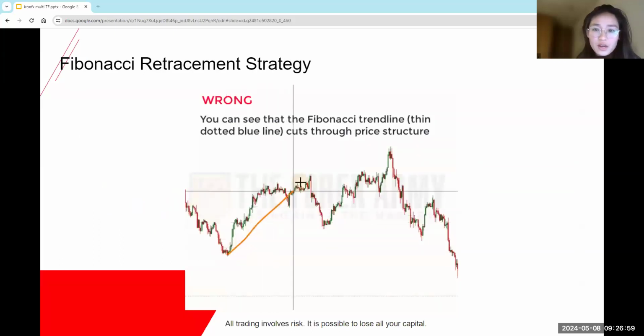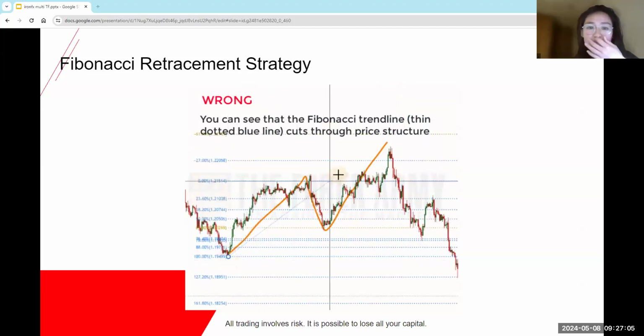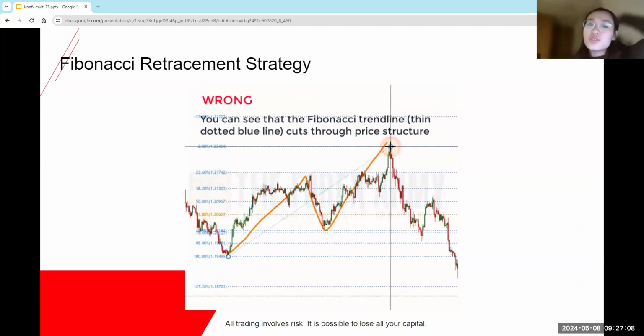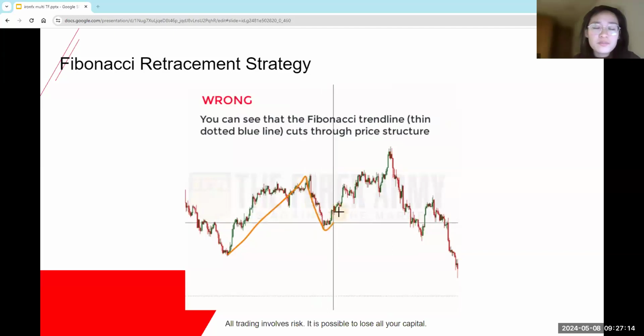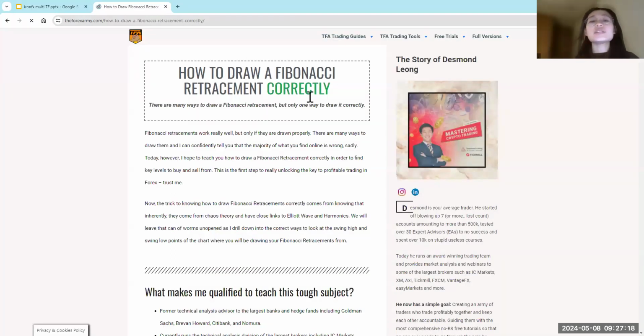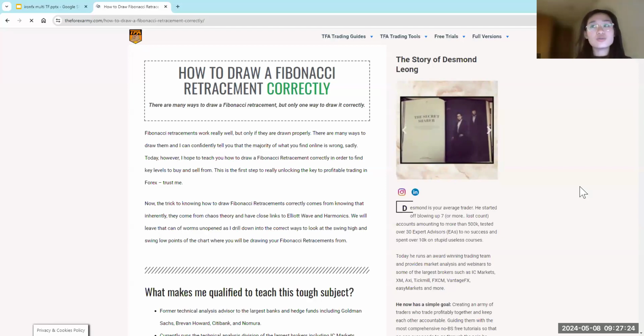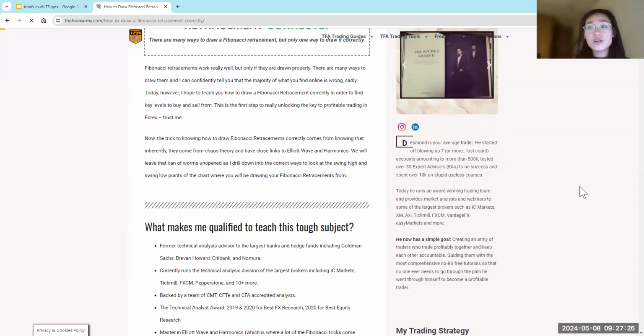Okay, so next let's look at our Fibonacci retracement strategy. If you're unfamiliar with Fibonacci, let me just share this website with you guys. It's completely free. It's just a very simple guide on how to draw your Fibonacci retracements.